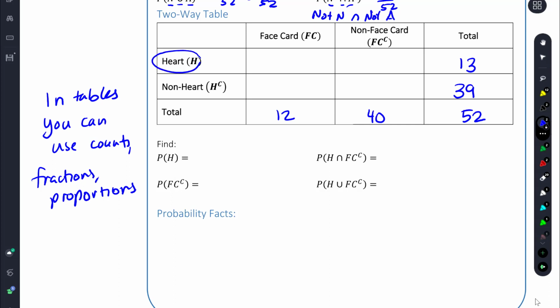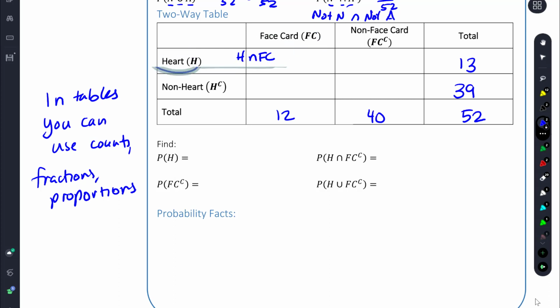So, what's the intersection between hearts and face cards? This cell is going to represent the probability that a card is a heart and a face card. This is why we refer to it as the intersection probability, because it's the intersection of the heart row and the face card column. It's that cell that intersects it.